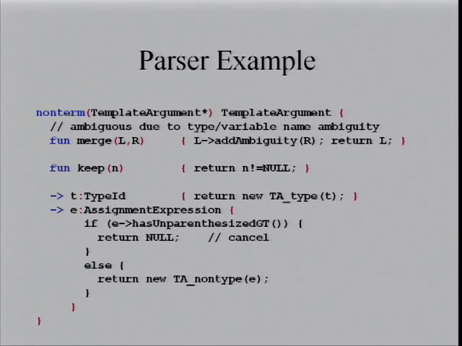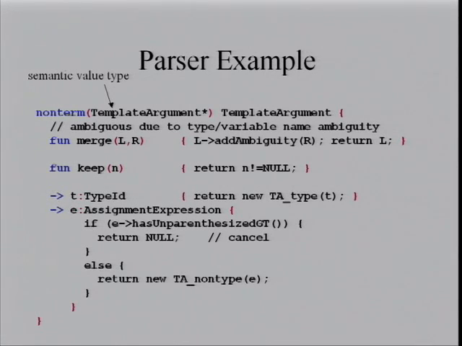As an example of what the parser specification might look like, this is for handling the angle bracket. We have here a non-terminal. In blue are keywords in the Elkhound input language. So I'm defining a non-terminal called template argument. Its semantic value type is template argument star.